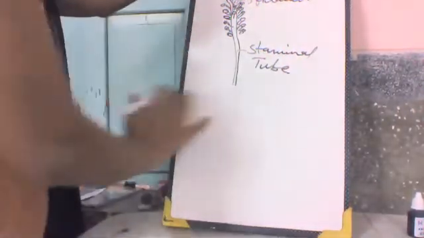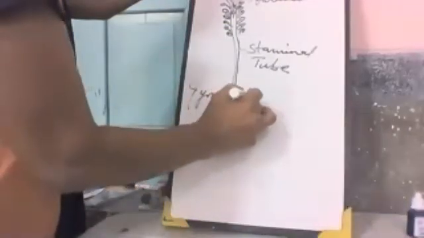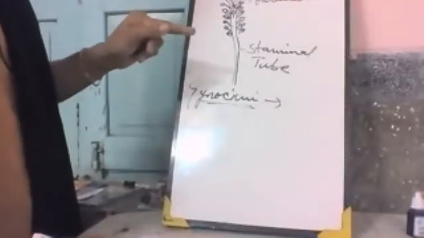Now have a look at the gynoecium. In the mustard plant, only one pistil is present, but here 5 pistils are present.